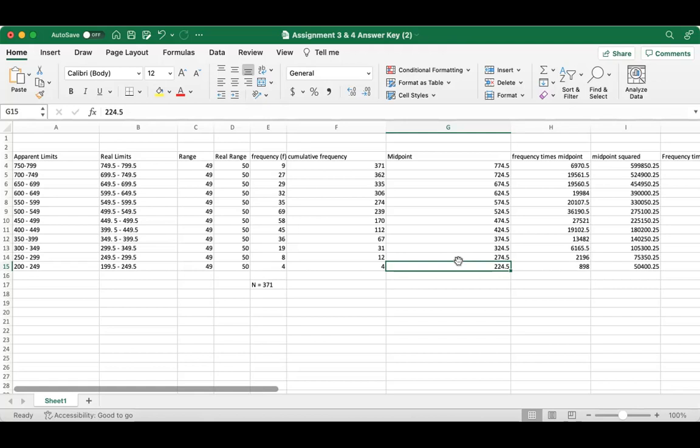So the 25, but I have to add that to the lower real limit, which is 199.5, which equals 224.5. Does that make sense? So what's our next one? Yeah, 274.5. So we have 224.5, 274.5.